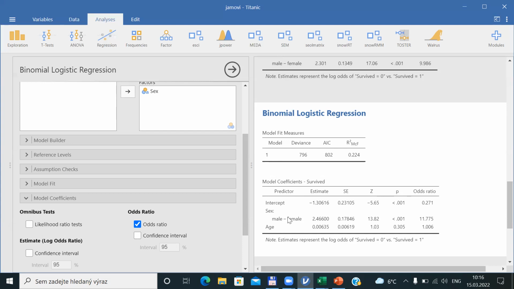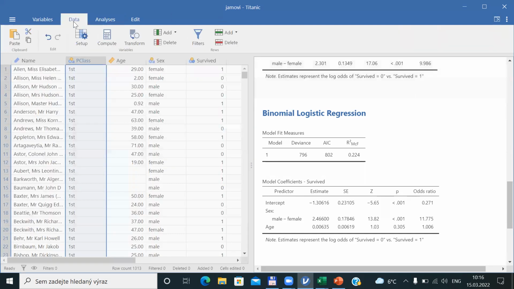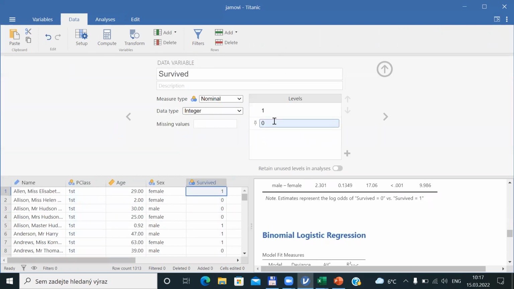I would like to say the logic, which is usually behind the scenes in software packages in logistic regression, is that you take the second category as the more important one compared to the first. And as we reversed the categories once again in survived, 0 is the second one. So we are currently modeling that you died or you didn't survive. If I reversed it, I would be modeling survival. So that's only necessary to know for other interpretations.